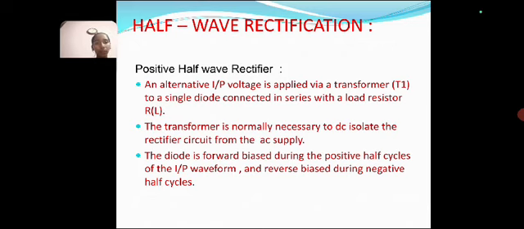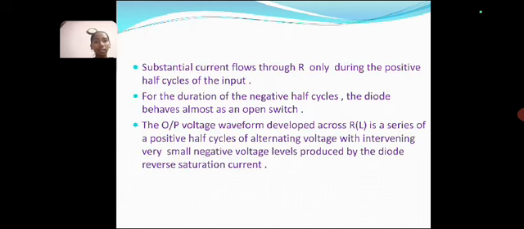The diode is forward biased during the positive half cycles of the input waveform and reverse biased during negative half cycles. Substantially, current flows through RL only during the positive half cycles of the input.